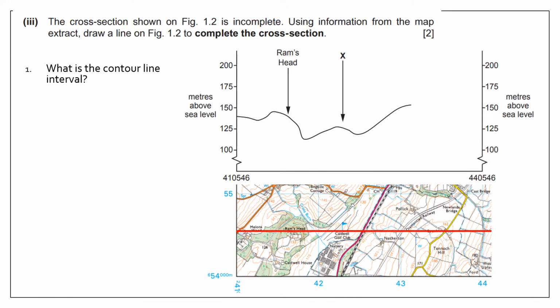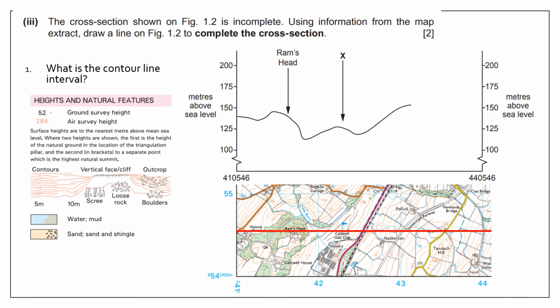So the first thing we need to identify is the contour line interval. So here we know that there's a difference of 10 meters at the widest point in. I think that'll be about 10 meters there. And that's really important because you know that as you find another line, that is going to be a 10-meter difference.